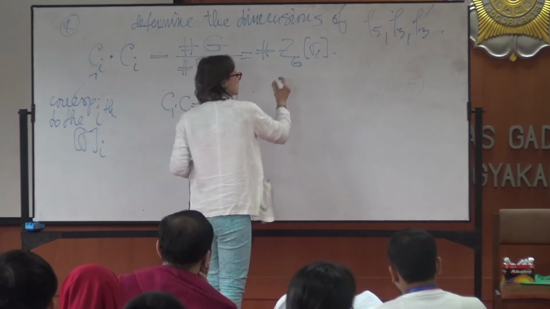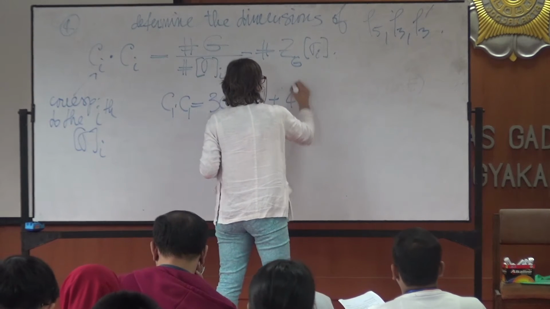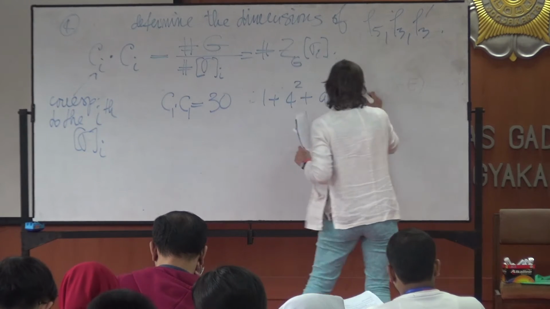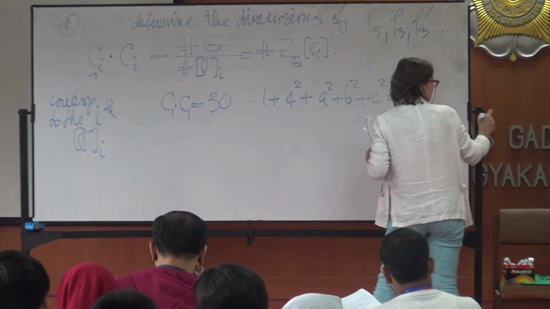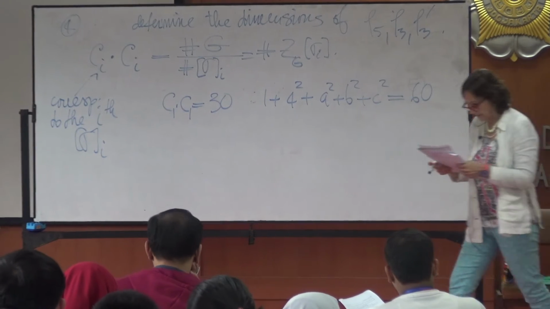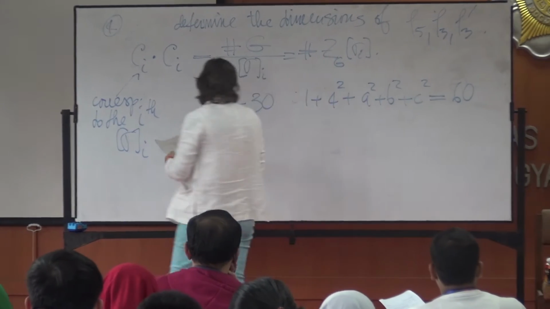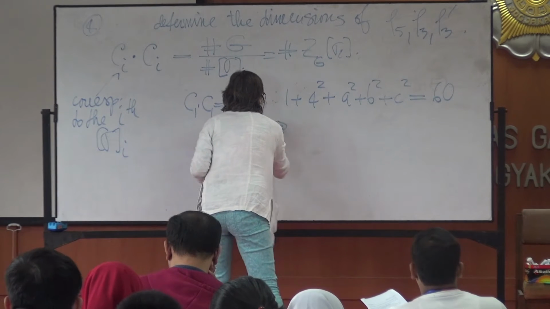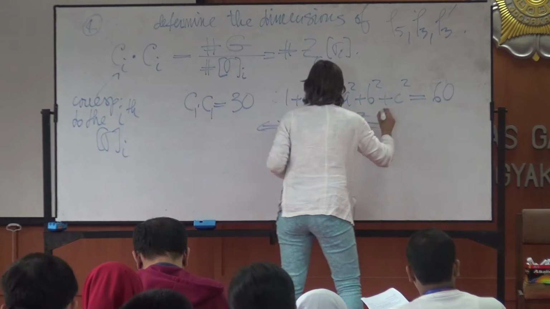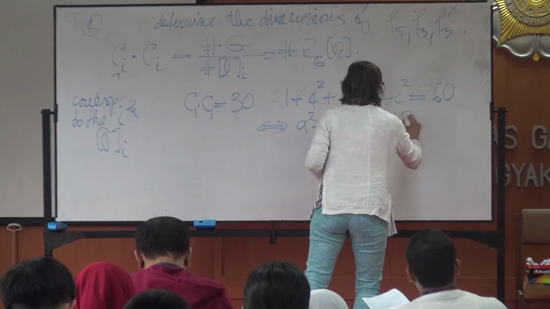And this means that 1 plus 4 square plus A square plus B square plus C square has to be equal to 60. So this is equivalent to A square plus B square plus C square equal to 43.